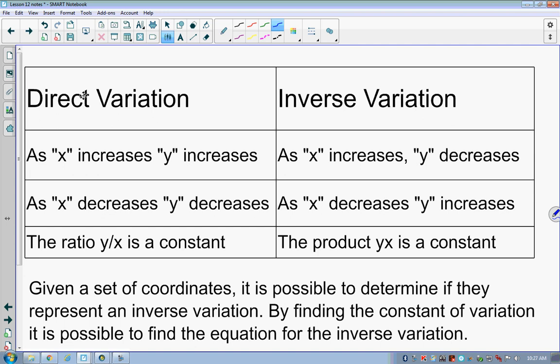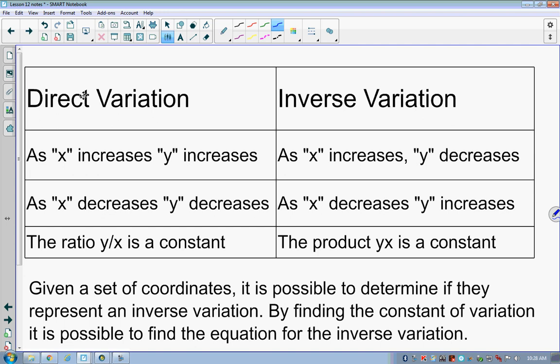As shoe sizes get bigger, as people get older, shoes get more expensive. The price goes up with the size of the thing, right? But in inverse variation, as x goes down, y goes up. So inverse. You'll see them going like that.